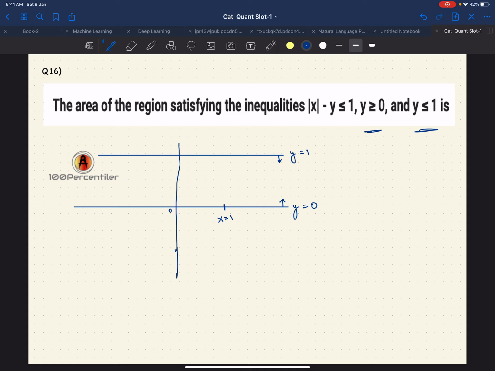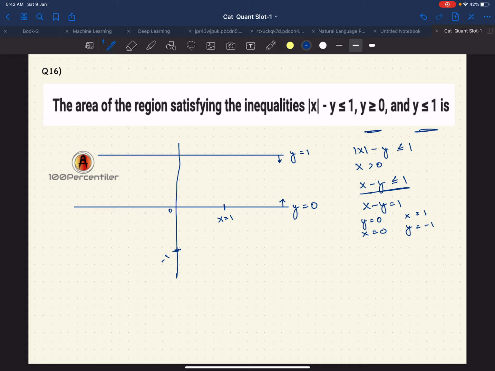Okay. The next inequality, the first one we are given, is mod x minus y has to be less than or equal to 1. Now for x greater than 0, x minus y has to be less than or equal to 1. Now we plot this linear equation, which is x minus y equal to 1. For y equal to 0, x is 1, and for x equal to 0, y is equal to minus 1.